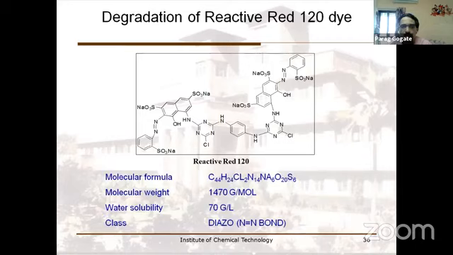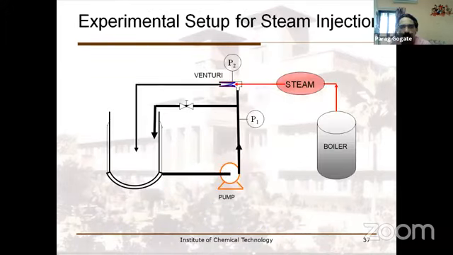Let's take some more case studies, and slowly we are going to move towards hybrid methods or combined cavitation processes. So, degradation of reactive red dye 120. Dyes, again, because they are the most visible form of pollution. So this was tried, and we thought of introducing steam at the cavitating device. Steam again, just to give you some nuclei, and there you will get higher extents of degradation.